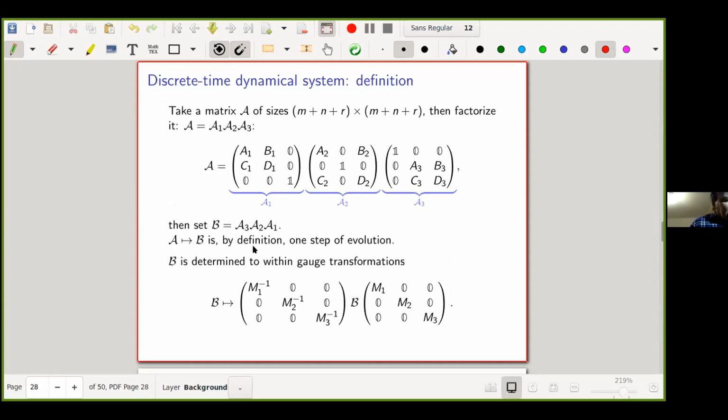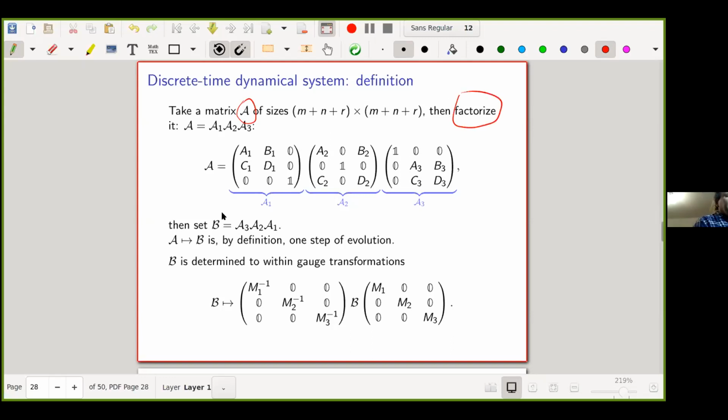This algebraic curve gamma is conserved under some kind of discrete time evolution, and this discrete time evolution goes as follows. I first take that matrix A that we have seen already, and then factorize it like here.